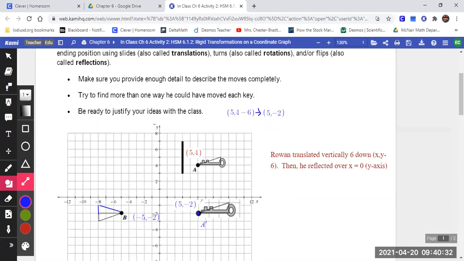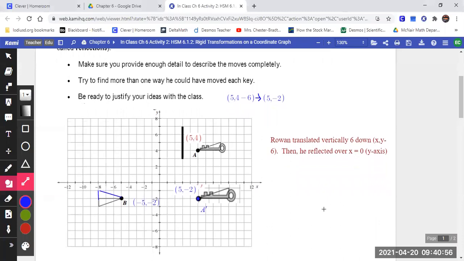What do we think we need to do? We can't rotate it. We need it to go from top to bottom, not rotate. What do we need him to do? Reflect again. Yes.